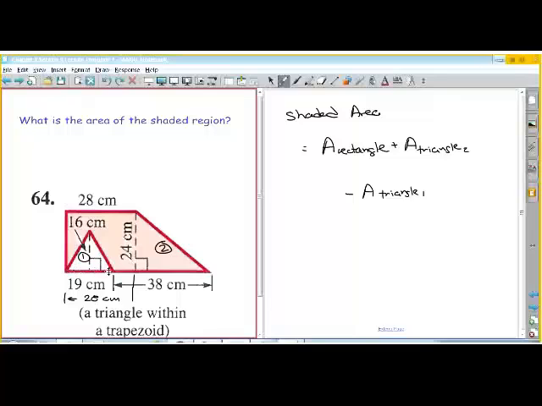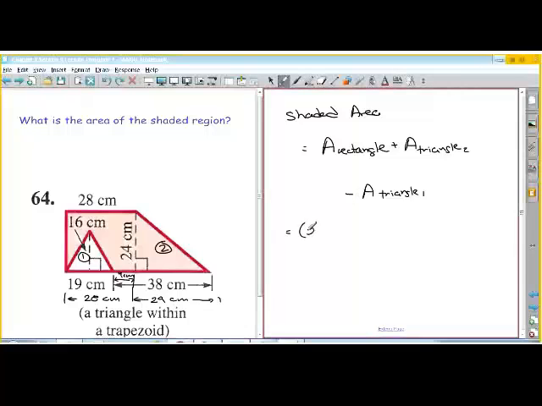If this triangle makes up 19 centimeters of it, then this little bit right here is 9 centimeters. 9 plus 19 is 28. And therefore, this base of this triangle here is going to be 38, which is the total distance minus 9. So this distance is equal to 29 centimeters. So I had to use a little bit of math to get the actual base of that triangle.